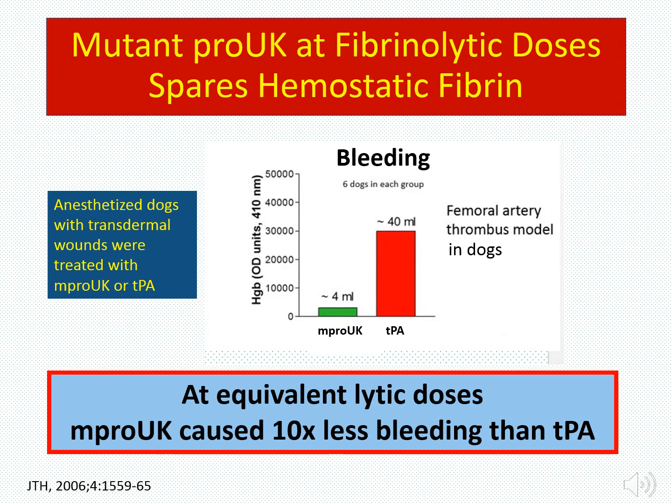As shown here, bleeding from the transdermal abdominal incision sites was 10-fold greater with TPA than with M pro-UK. Therefore, to summarize, at equivalent lytic doses, M pro-UK caused 10 times less bleeding than TPA.